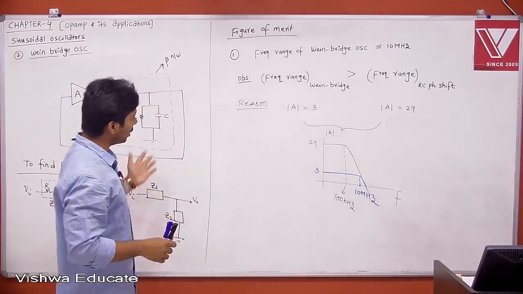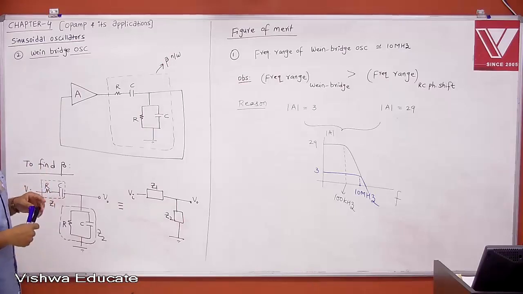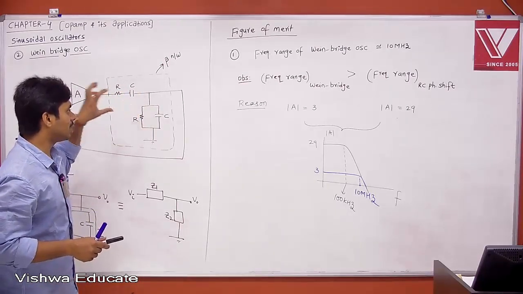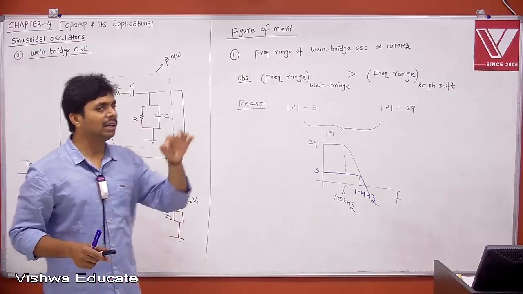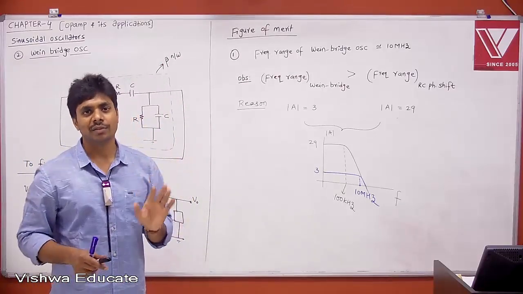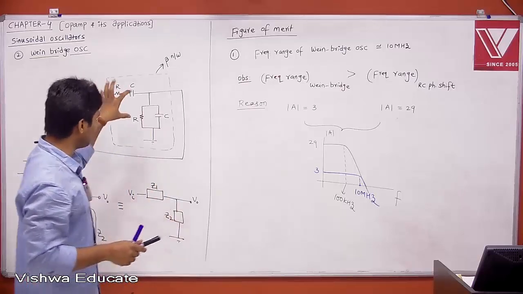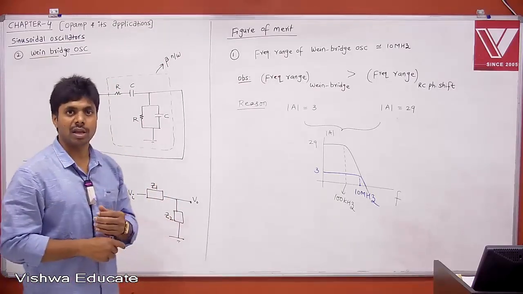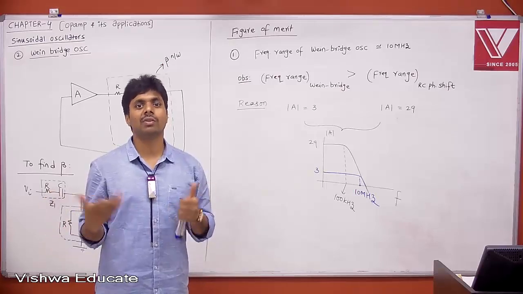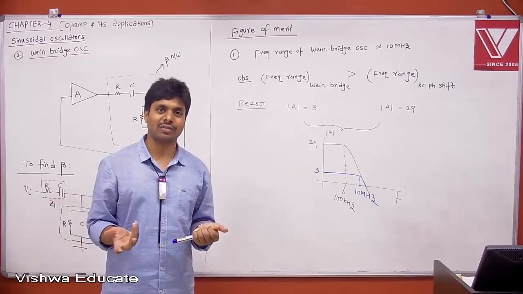Then that is what people went to next, the third circuit, where people took a beta network which does not have any passive, explicit or external resistor. Therefore, the loss by the beta network can be minimized to get oscillations. Without resistors, how will you get phase shift?